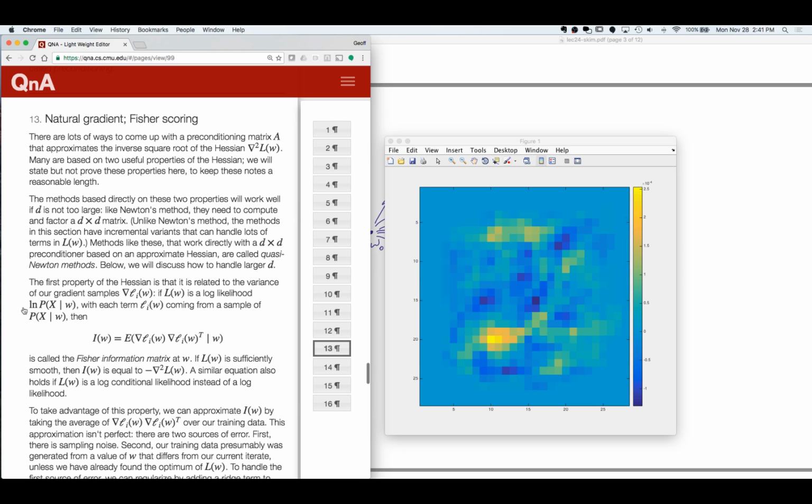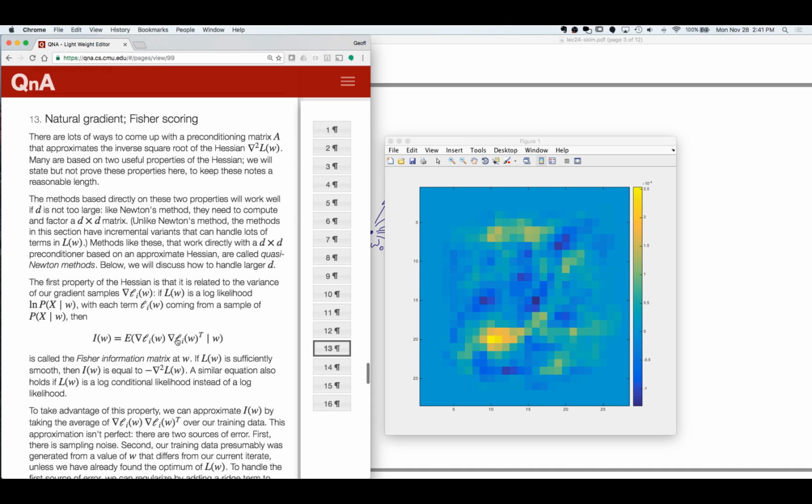So it's the sum over a bunch of samples of the log probability of x given the parameter W. So if that's the case, then if we have the true W and we sample x's according to that W and we evaluate this expectation, the expected outer product of the gradient with itself, that's called the Fisher information matrix.